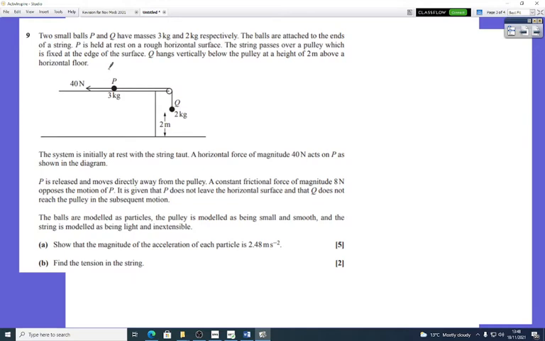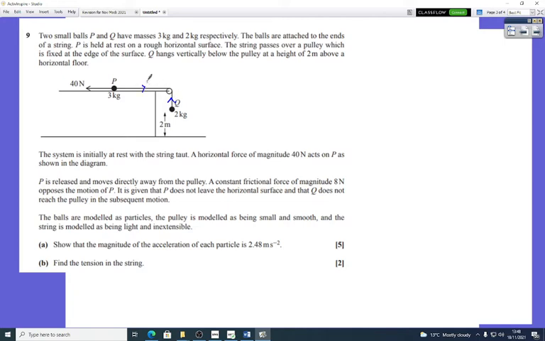First of all, you've got forces going this side, 40 there, so it shows you that. It's also got a tension. This is getting pulled up, so the tension is there, and as that's going there, you've got a tension that's pulling it the other way.